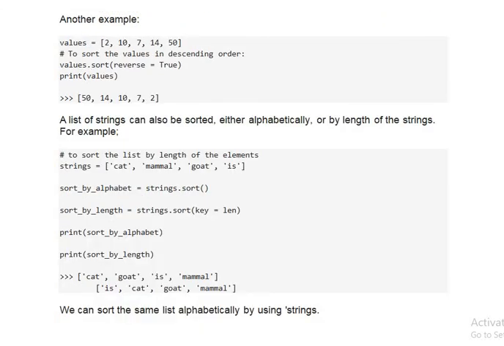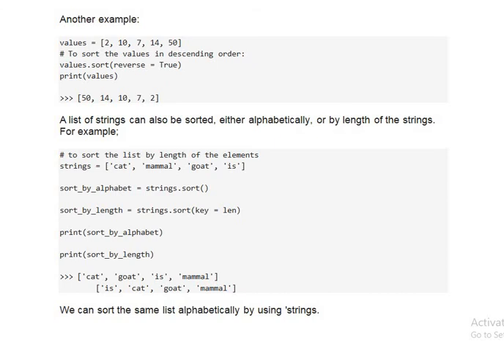And look at this, values dot sort within brackets reverse is equal to true to get the values in descending order.